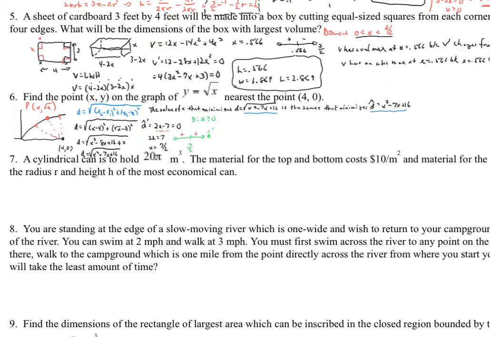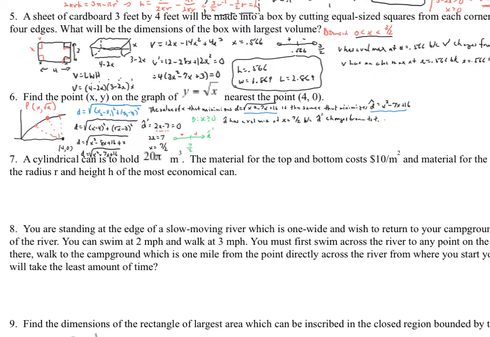So this is good news. Like we've seen before, we're going to say d hat has a relative minimum at x equals 7 halves because d hat prime changes from negative to positive, period.